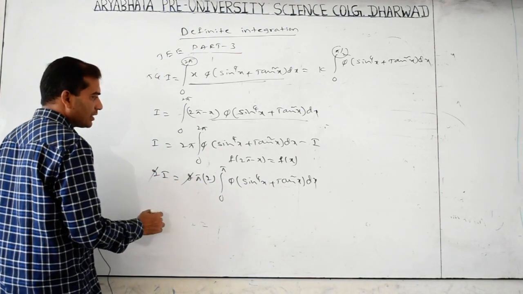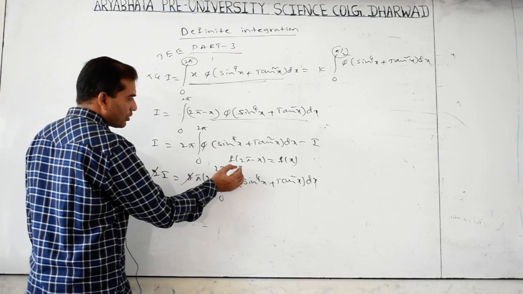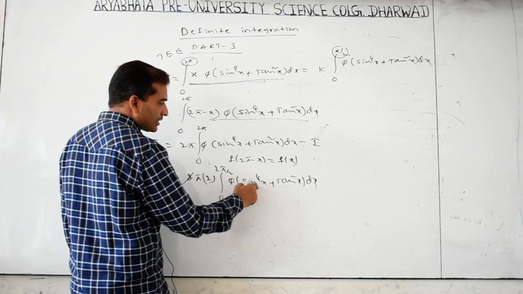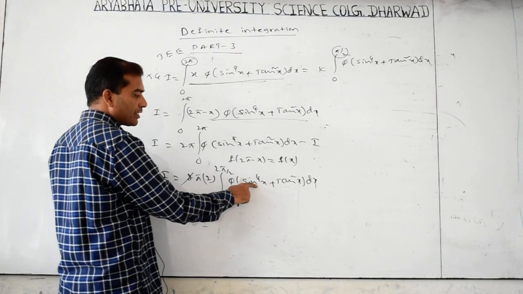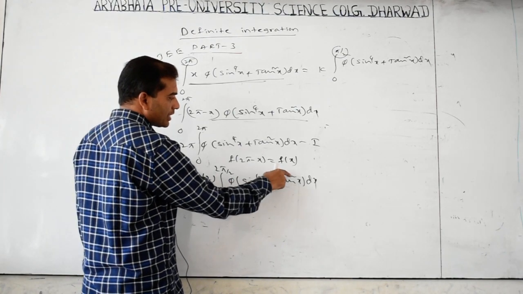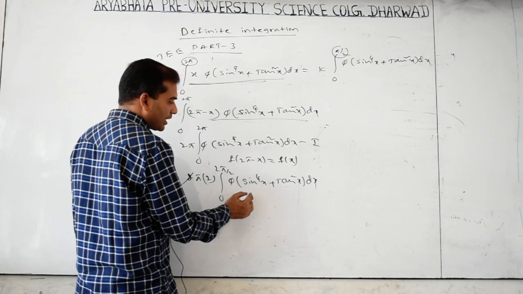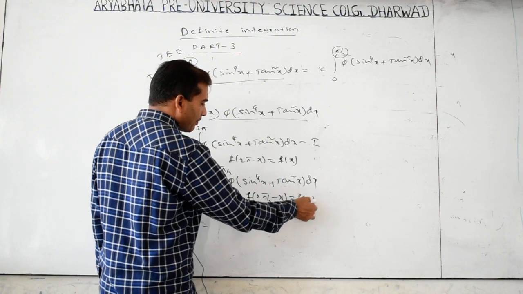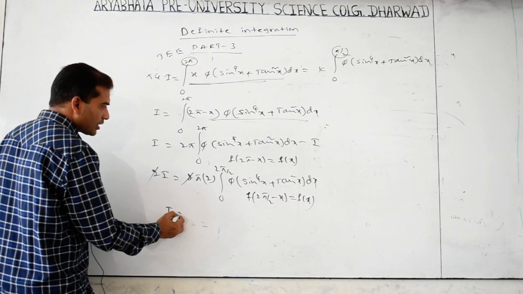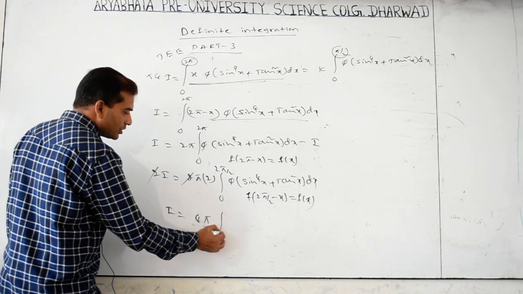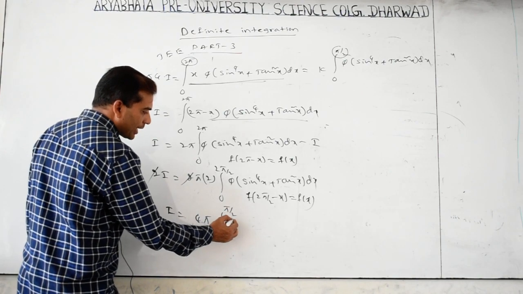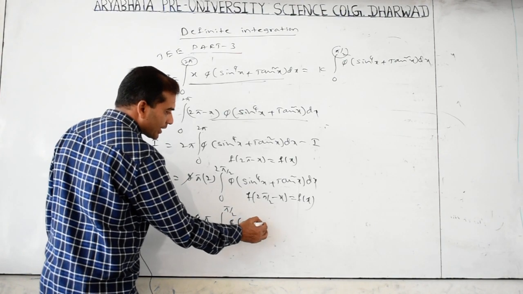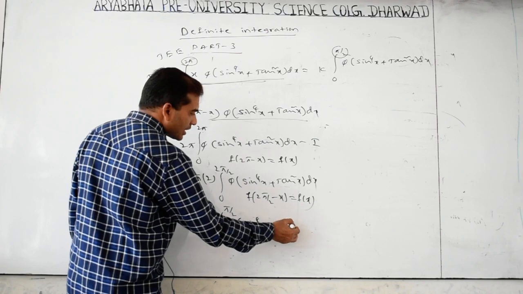These 2 get cancelled. Again this is in the form of 2a. Again pi minus x, whether it is plus or minus, the power is an even number, so we get the same function. Here also f of (2 into pi by 2 minus x) equals f of x. Then 2 comes here: I equals 4 pi times integral 0 to pi by 2 of pi of (sin power 4 x plus tan square x) dx.